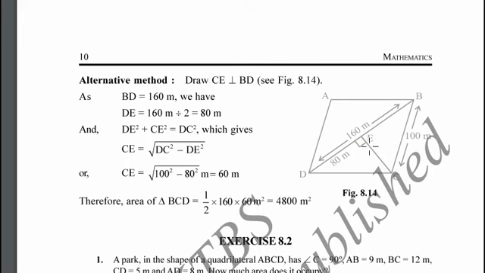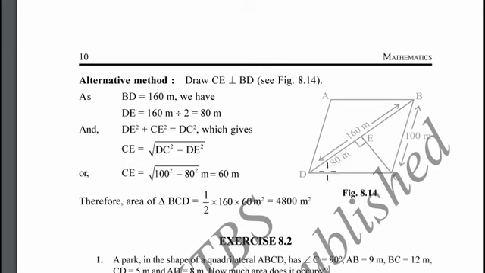Why do we need CE? Because this is the perpendicular length of this triangle. If we get the perpendicular length, we can apply the formula for area of triangle. Then we will get the area of triangle of this side. Finding the area of triangle on one side is sufficient in this problem statement. So let us calculate this perpendicular length CE.